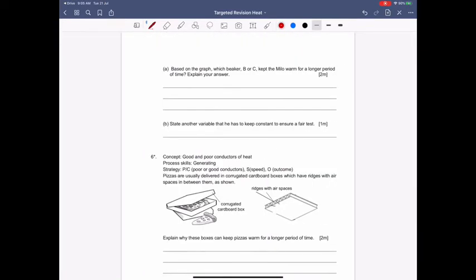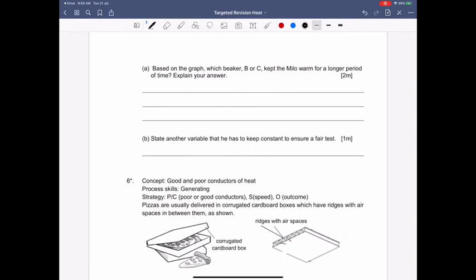Based on the graph, which beaker, B or C, kept the Milo hot longer for a period of time? Explain your answer. So in this case, I would have to go with B. So that's my claim, right?